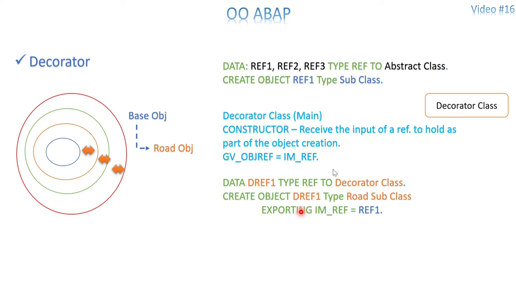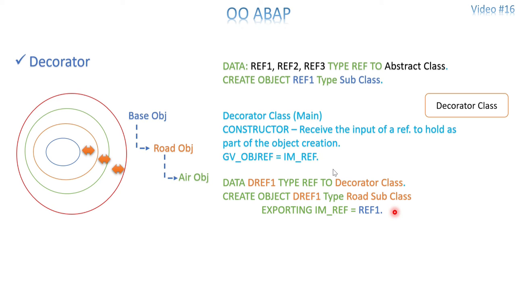Now this is the actual code in the normal program. So create object for my role subclass plus keep my base class object reference in your same class variable. It's done.